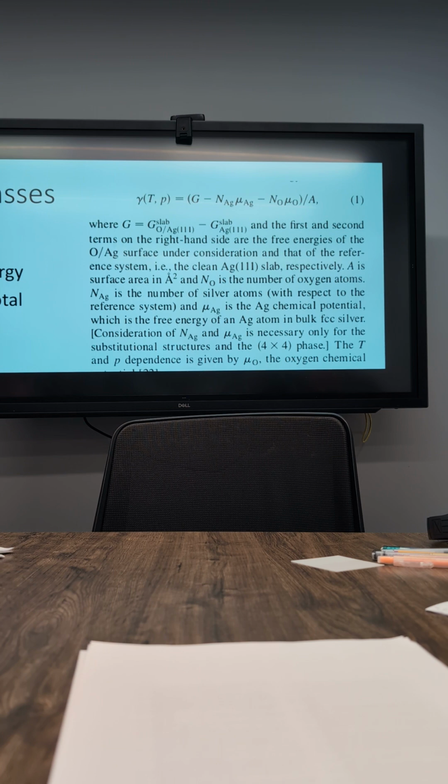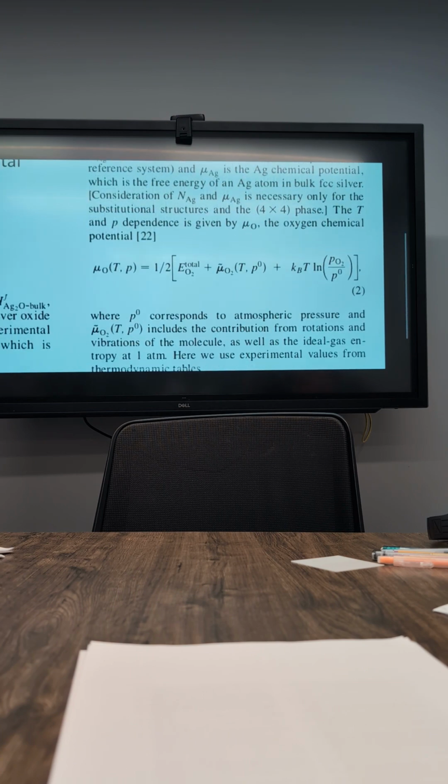And they explain what that G is, which is the G of the overall interface slab, the surface slab, and then also the underlying bulk substrate. So they already do the delta. And then again, they have the summation of those terms. So they have the number of silver times the chemical potential minus the number of oxygen times the chemical potential, saying the same thing as that equation earlier.